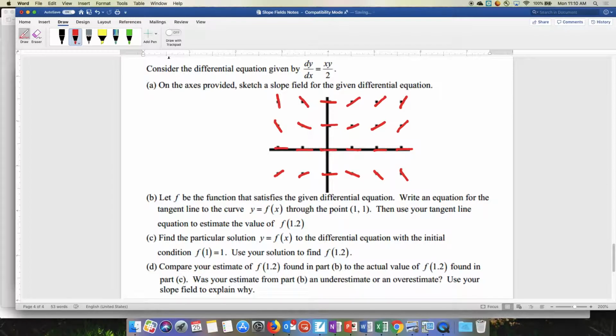So in part B, write an equation for the tangent line to the curve y equals f of x through the point 1, 1. Then use your tangent line to estimate f of 1.2.